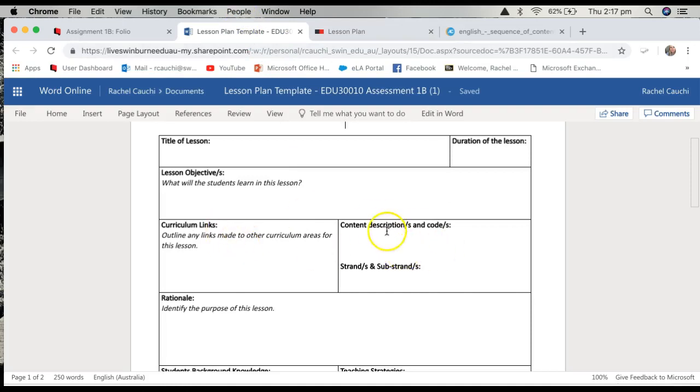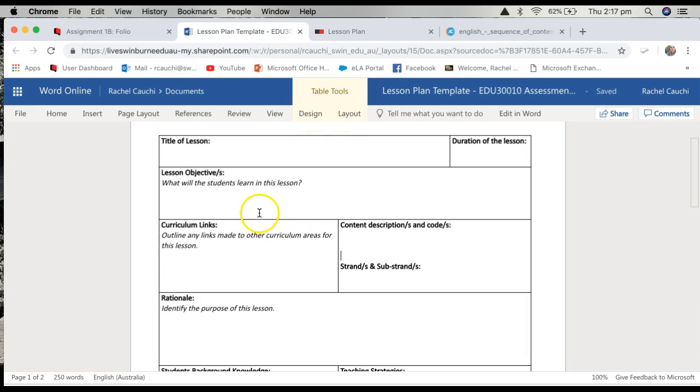This part here is very well connected in our Swinburne example as well, because on this side of our table, it talks about the fact that there are curriculum links and curriculum links to other curriculum areas. So we all know that with our literacy planning, often we incorporate elements of whatever our inquiry learning is for that term into our literacy to give us some sort of basis.